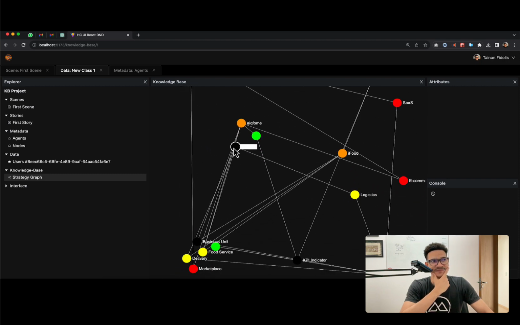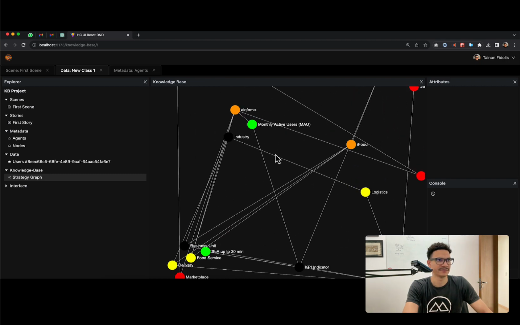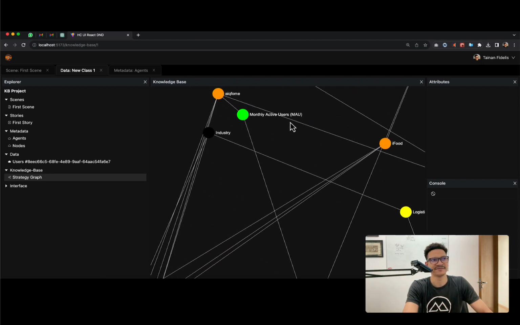Then in the industry, we have food service, delivery, and logistics. Okay, so we have three industries in this knowledge base. As the KPI indicator, we have monthly active users.